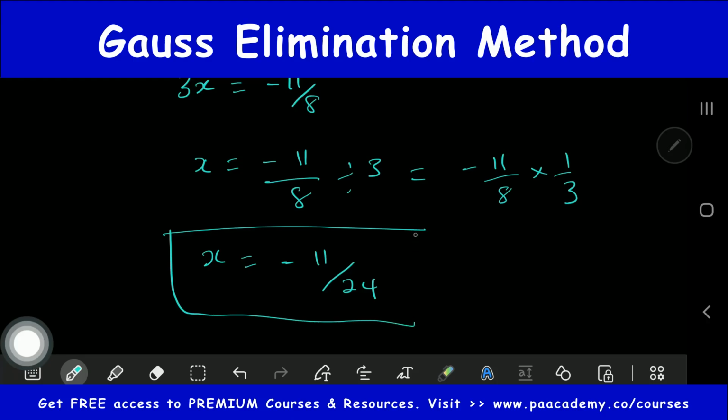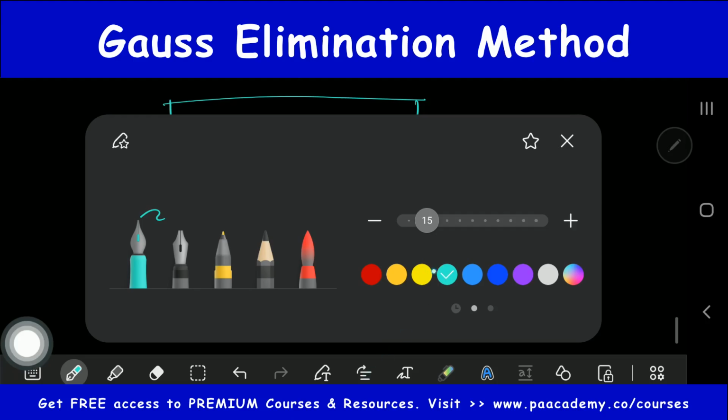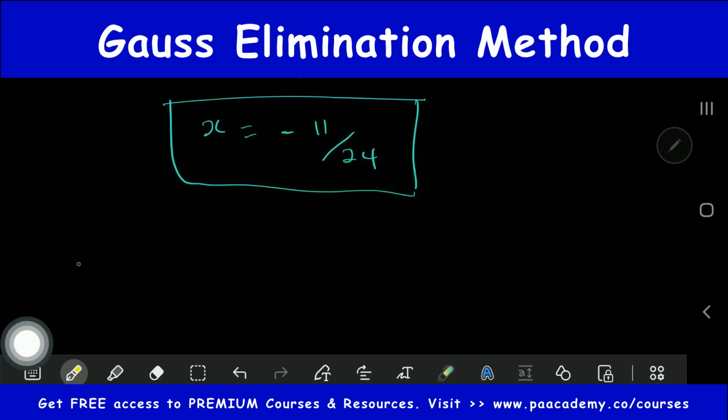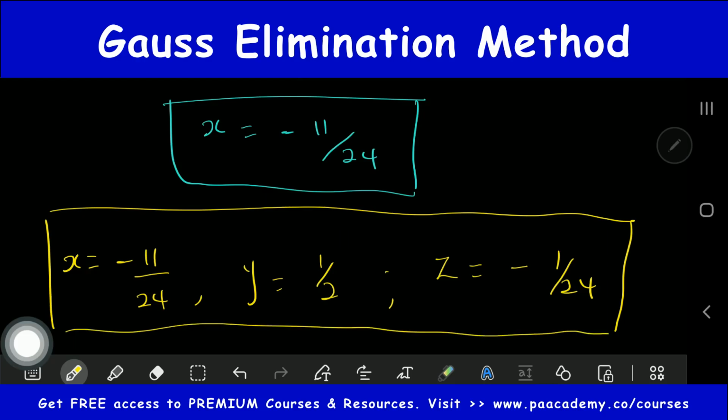With this now, we've been able to get the values of our x, y, and z. So you can just indicate at the end of the solution that your x is minus 11 over 24, your y is 1 over 12, and then our z is minus 1 over 24. And this right here is the solution to this question.